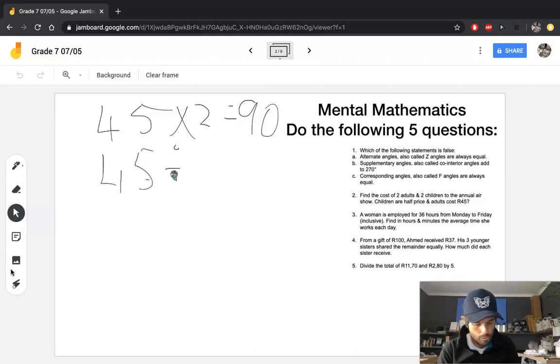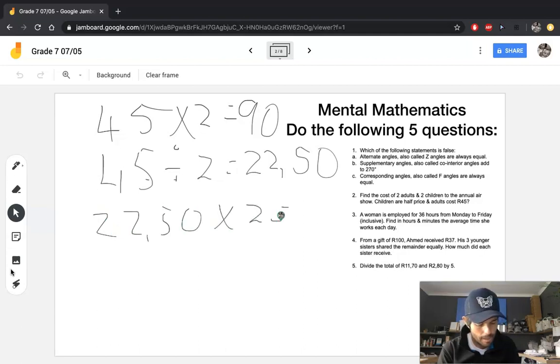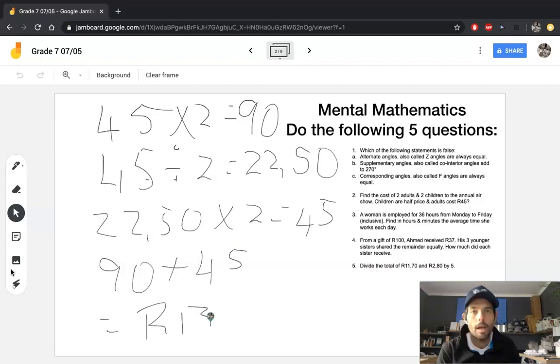And that gives us 22 Rand 50. But we know that there are 2 children, so it actually is 22 Rand 50 multiplied by 2, which gives us 45. And then it's just the 90 for the adults plus the 45 for the children, and that will give us 135 Rand. Okay?